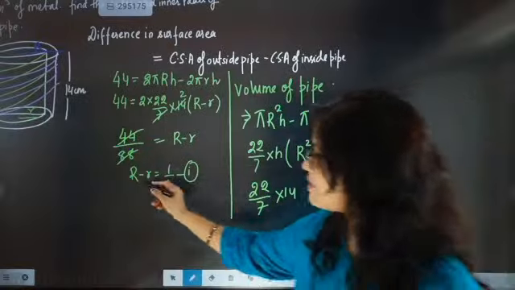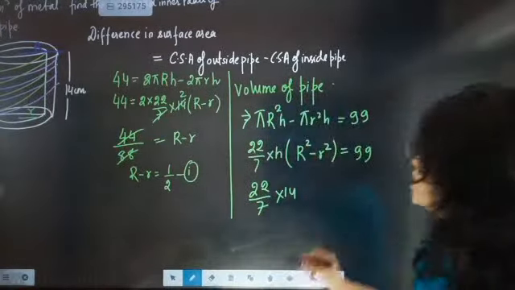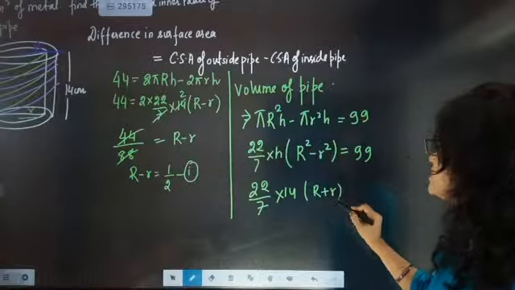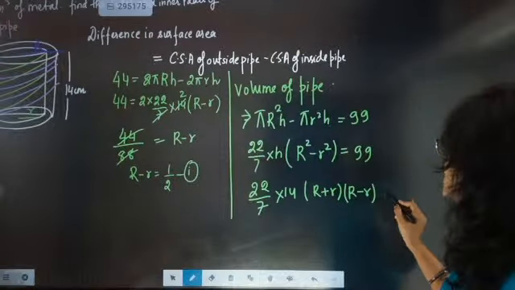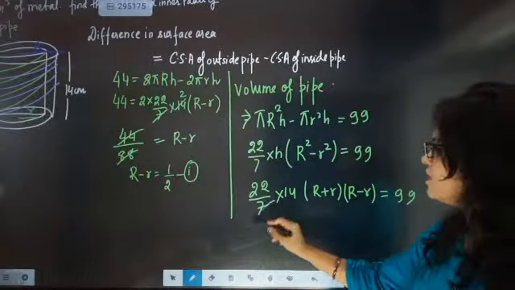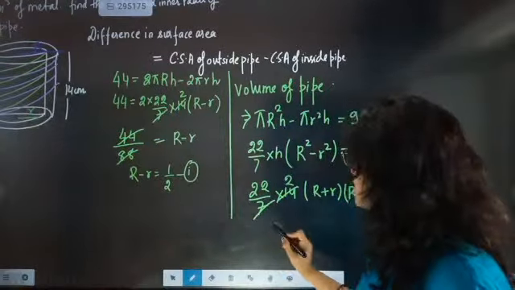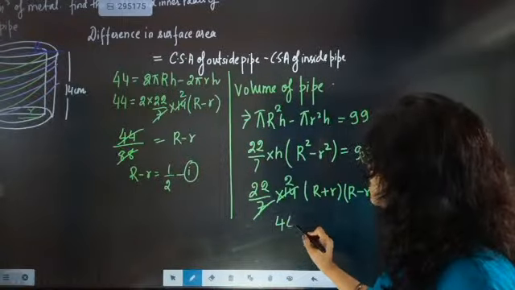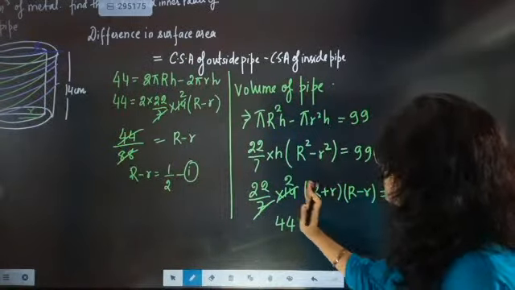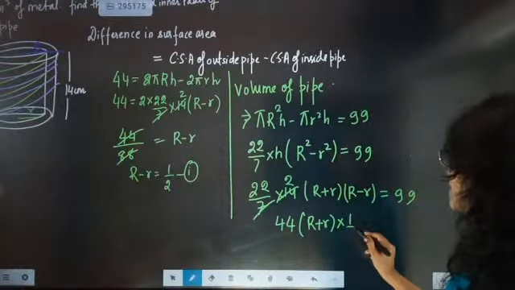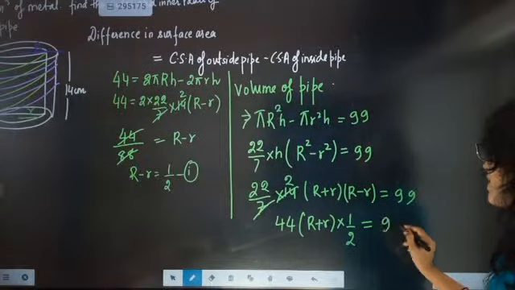Another thing is R minus r equal to half, we got. So here R square minus r square will become (R plus r)(R minus r) equal to 99. So here 2 is coming. So R minus r is half. So it is exactly going to come as 44 into (R plus r) into half is equal to 99.